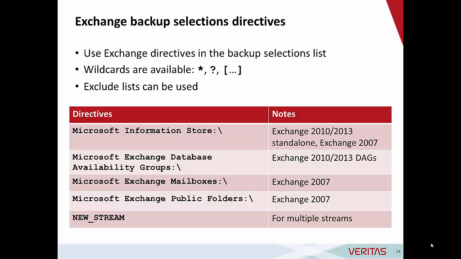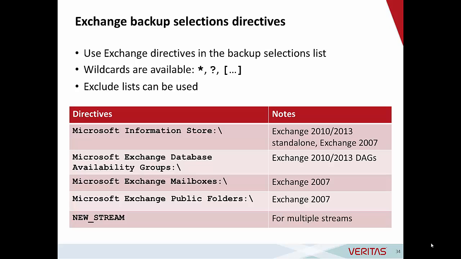In the backup selections list of Exchange policies, I'm going to use Directives to instruct the policy to back up certain Exchange components. And the format of the directive will be a little bit different depending upon the version of Exchange that I'm protecting. So for example, the Microsoft Information Store will back up all the information stores on an Exchange server.